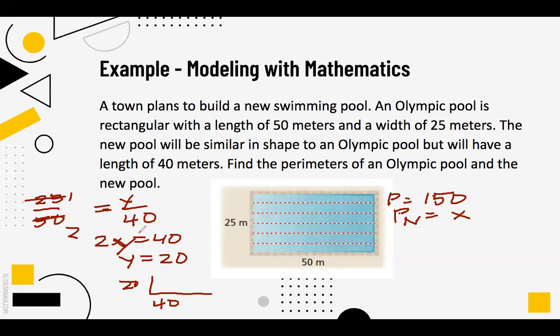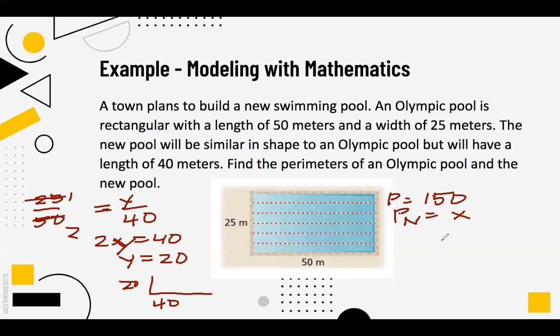So if I know that my ratio for the side lengths of the old pool is 1 to 2, then how can I use that to help me figure out what my perimeter is? Aside from, I know that I can add it together, right? This is 60, the other two will be 60. But we really want to be able to use the perimeters of similar polygons. So what could I do that could help me?